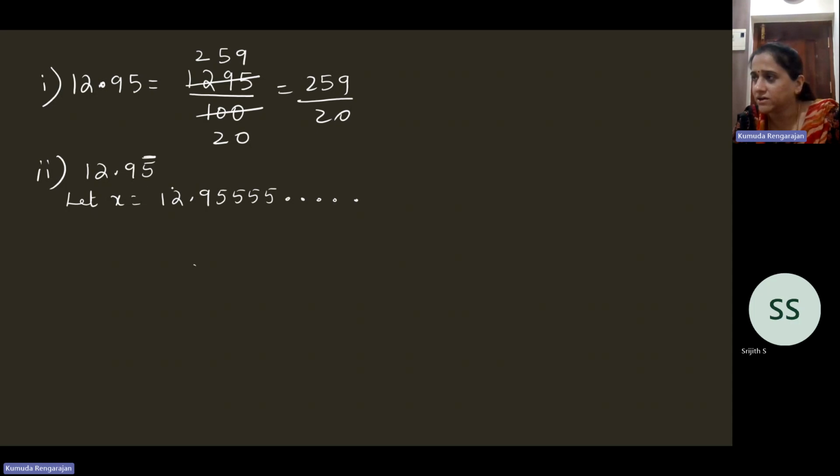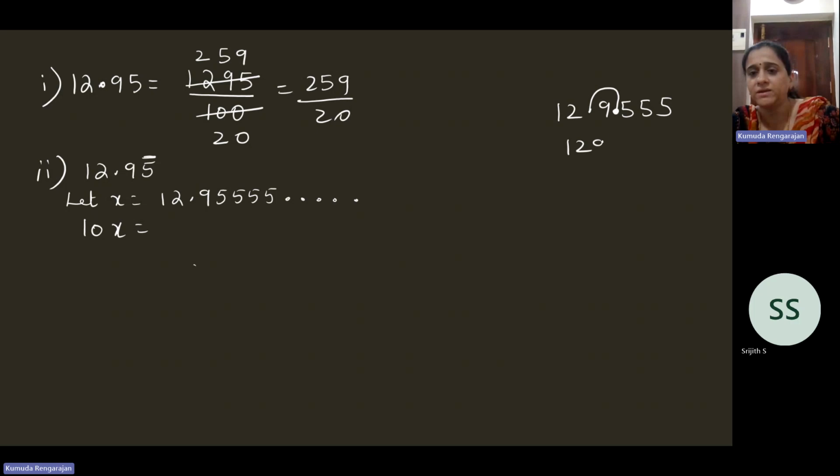In the decimal part, one digit repeats itself forever. So the number you'll have to use is 10 and you'll have to find 10x. So what is 10x? 10x is equal to 12.9555. When you multiply by 10, you shift the decimal point to the right by one place.